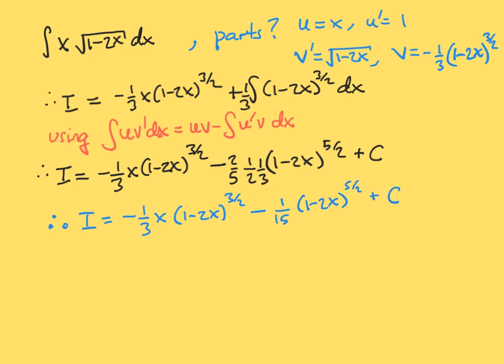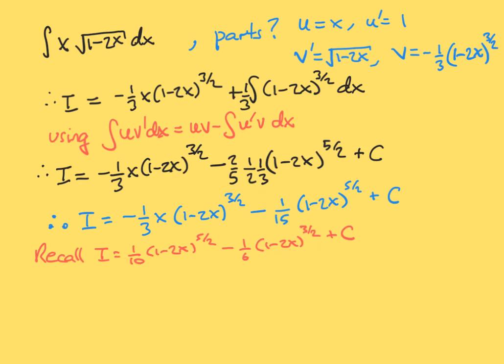And this answer is correct, but it doesn't look like the answer that we had on the previous slide. So here I've just added the result of the previous slide. This term looks like this term, but the number out front is different.